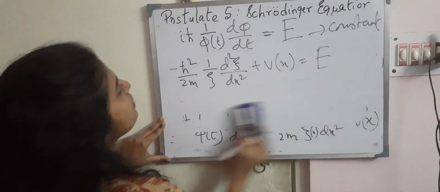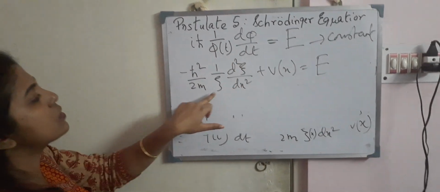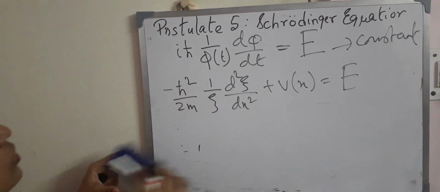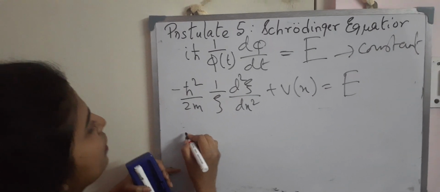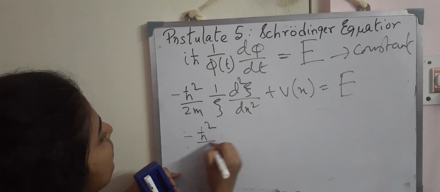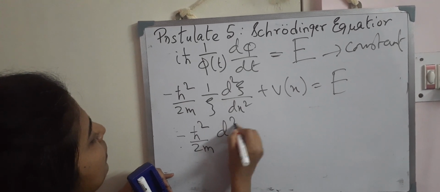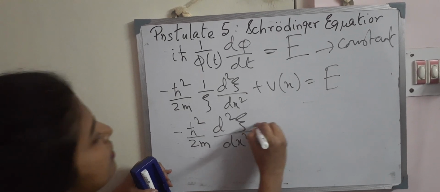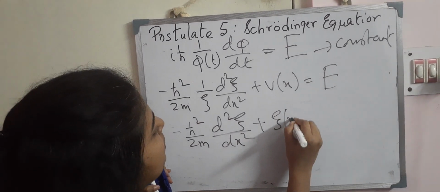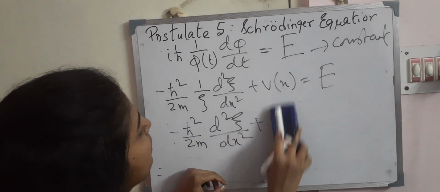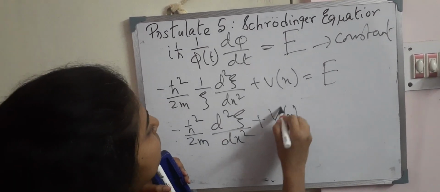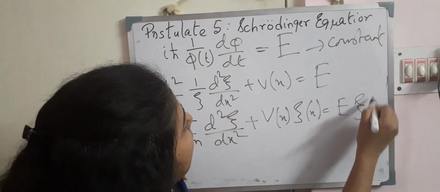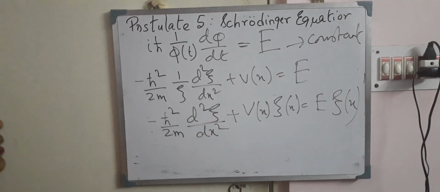So now this equation solely depends on time, this equation solely depends on x. So if I rewrite this second equation, it looks like this: minus h cut square by 2m d2 psi dx square plus v x into psi x is equal to some constant E into psi x.